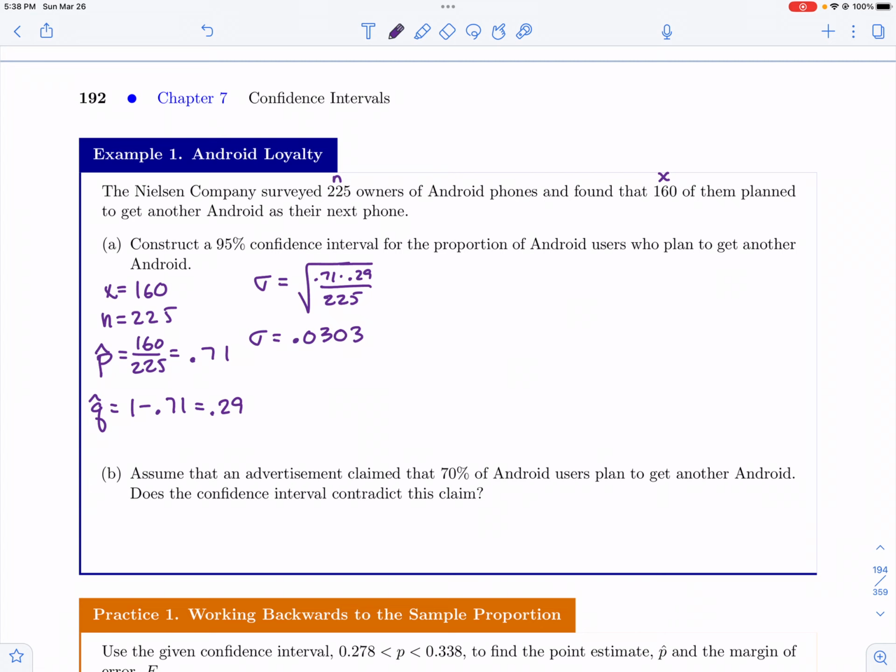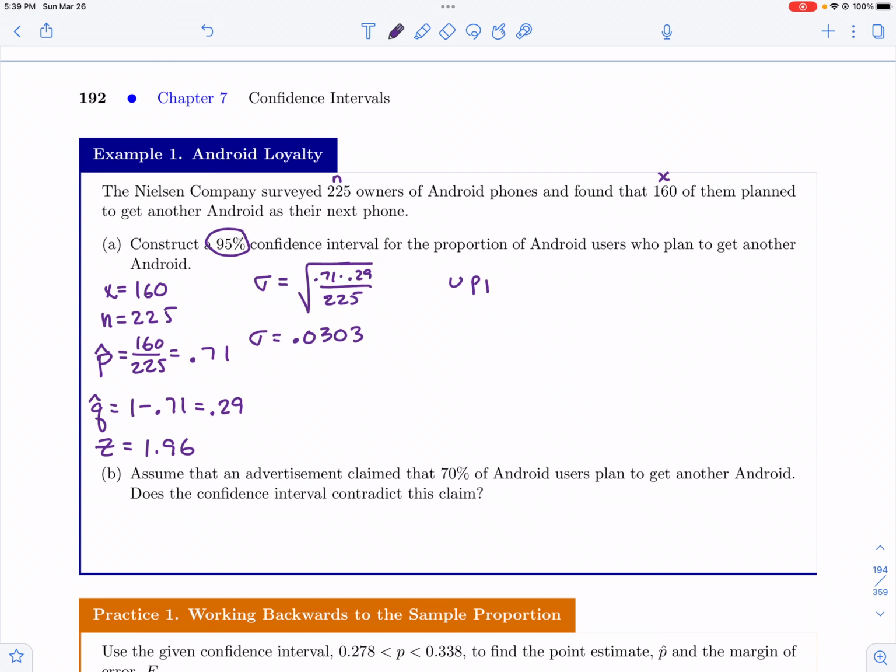All right, and then finally, we're interested in a 95% confidence interval. Since we're dealing with a z-score, if you remember from section 7.1, this is going to be a z-score of 1.96. Now we've got everything that we need in order to set up our confidence interval.